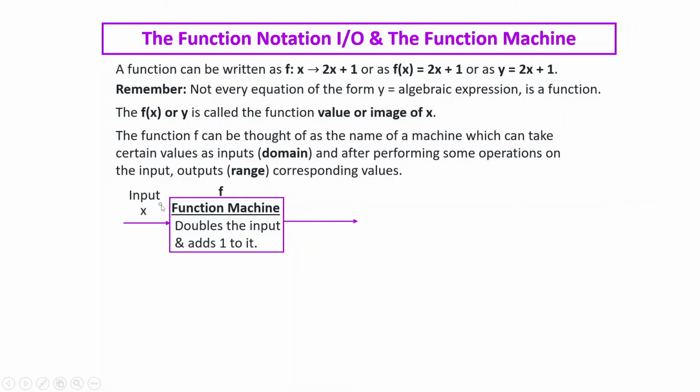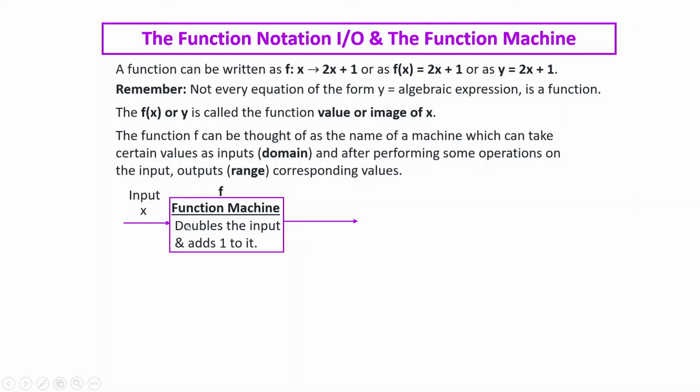And you can have a number as the input, a variable as the input, an algebraic expression as the input to the function machine. Not only an algebraic expression, you can have a numerical expression as well as the input to the function machine. Okay, I'm taking x as the input.